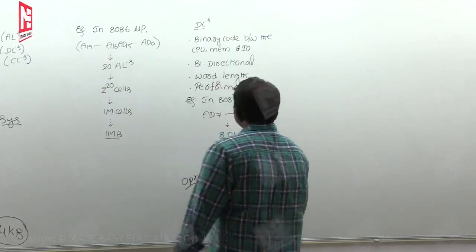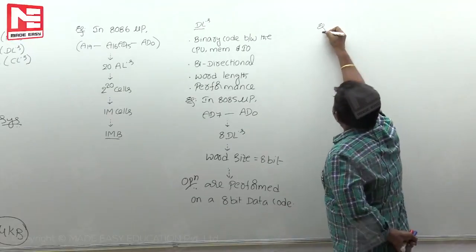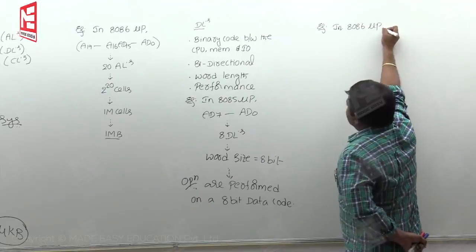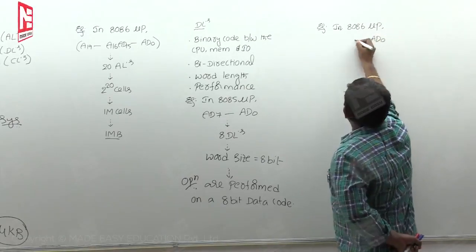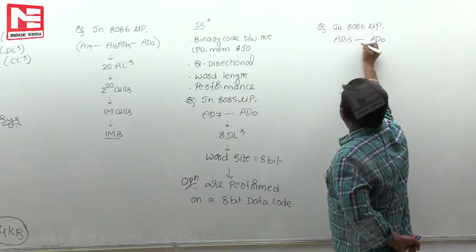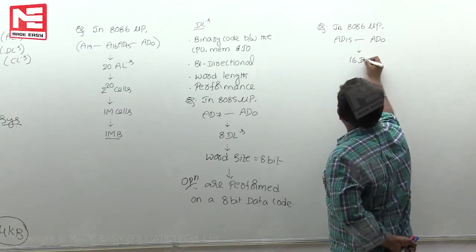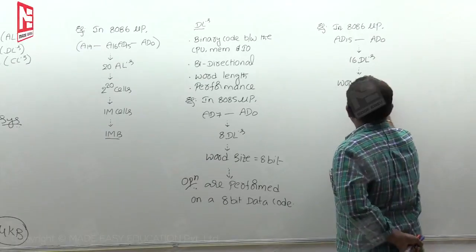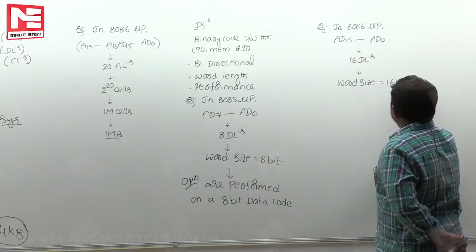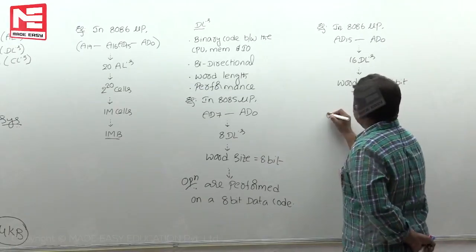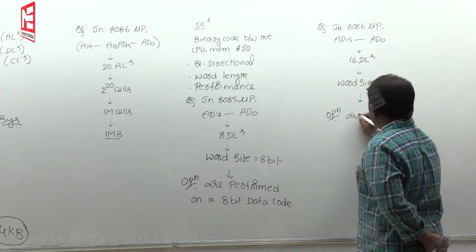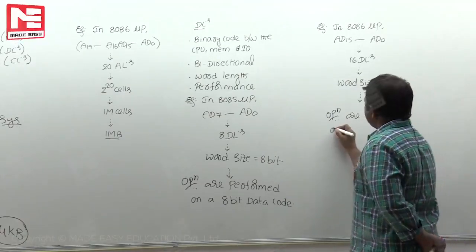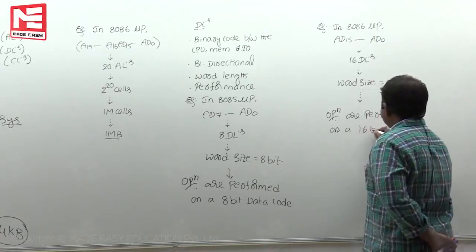Clear? Similarly, if you look at the 8086 microprocessor, AD0 to AD15 pins are there. So that is 16 data lines. 16 data lines means word size equals 16-bit. Okay? Operations are performed on 16-bit data code.